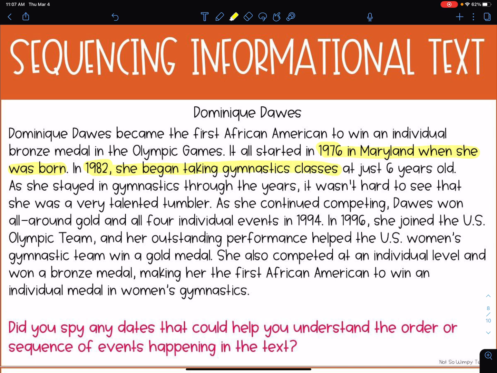And then as I continue to reread, I see that in 1994, she won the all-around gold medal in 4 individual events. And then I see in 1996, she joined the U.S. Olympic team, and her outstanding performance helped the U.S. women win a gold medal. And I can see she also competed in 1996 at an individual level and won a bronze medal.